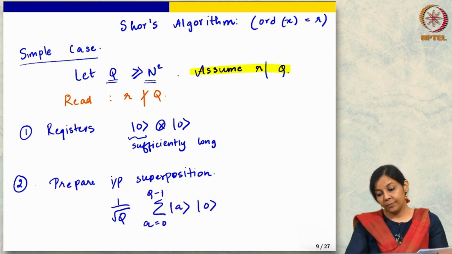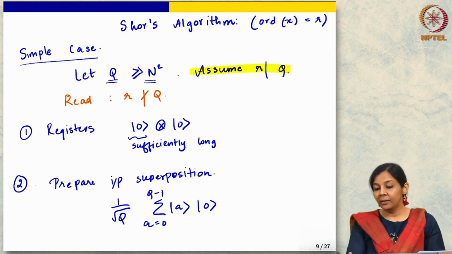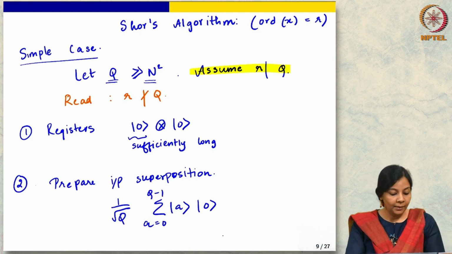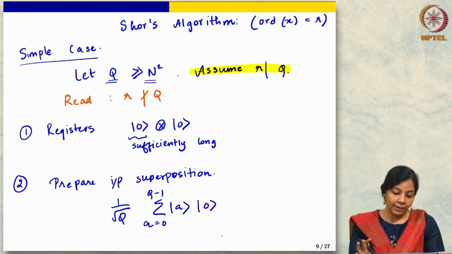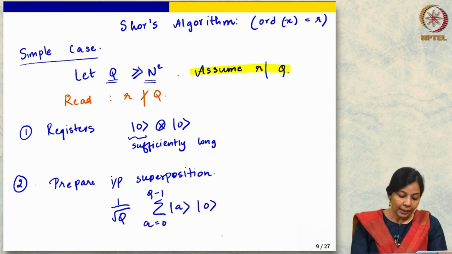So far this is standard. We took our initial 0 registers and applied the Hadamard transform to get the superposition over all inputs.